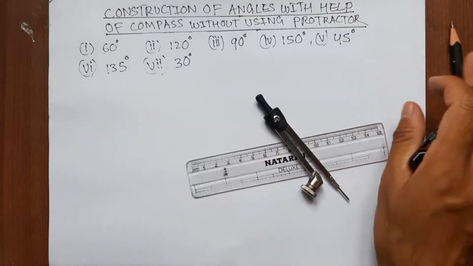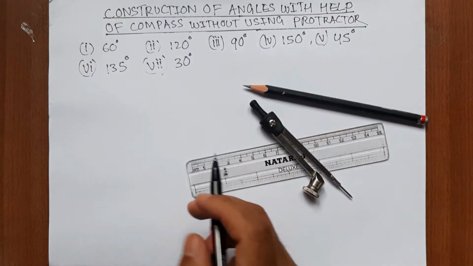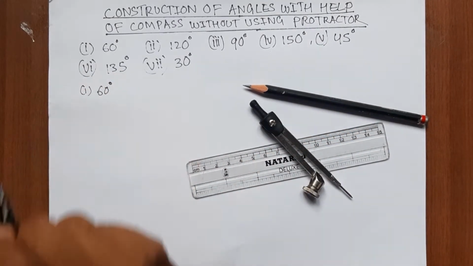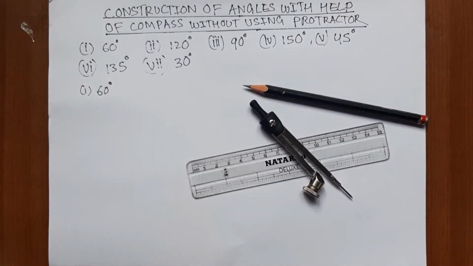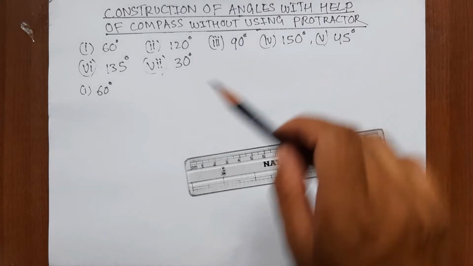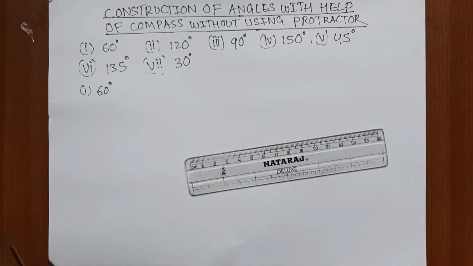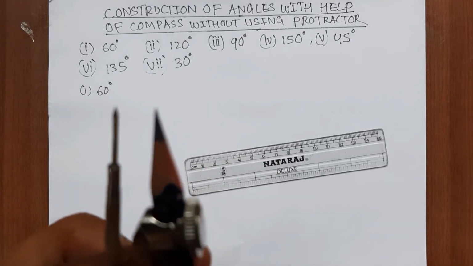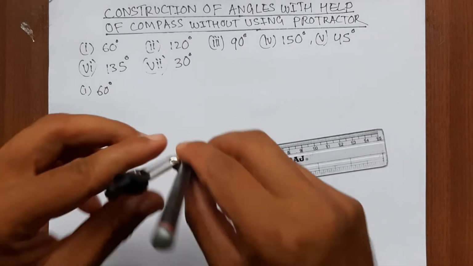Now we are going to construct a 60-degree angle. Firstly, we will put the pencil inside the pencil holder of the compass.